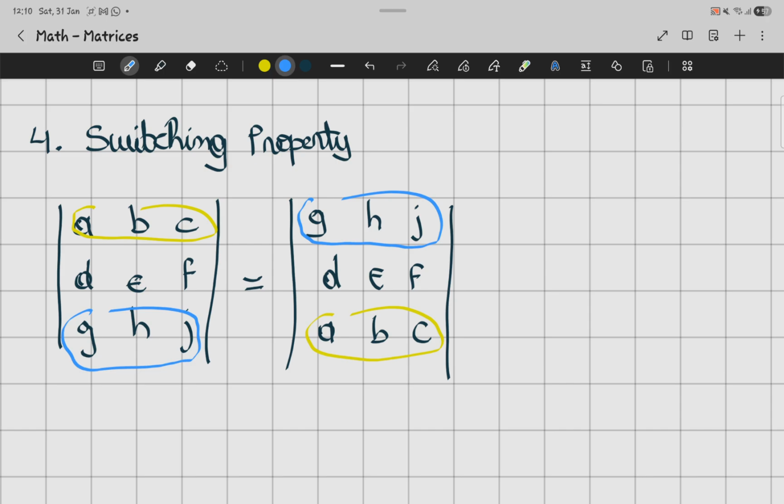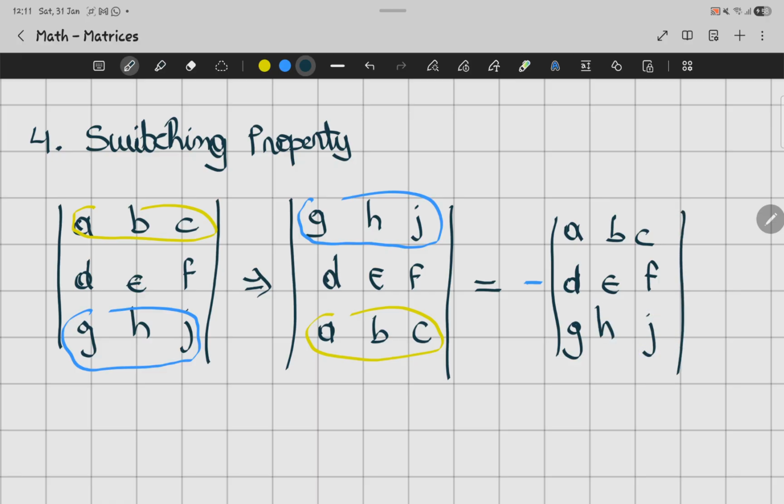And then we say this is equal to the original matrix, but negative. So it's going to be negative what we had at the beginning: A, B, C, D, E, F, G, J, H, J, something like this.